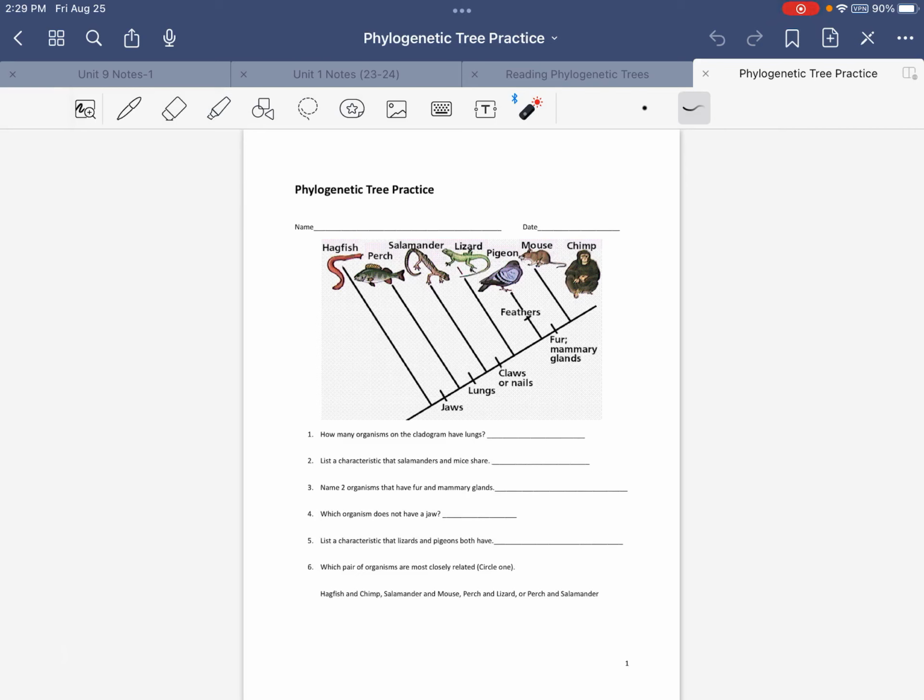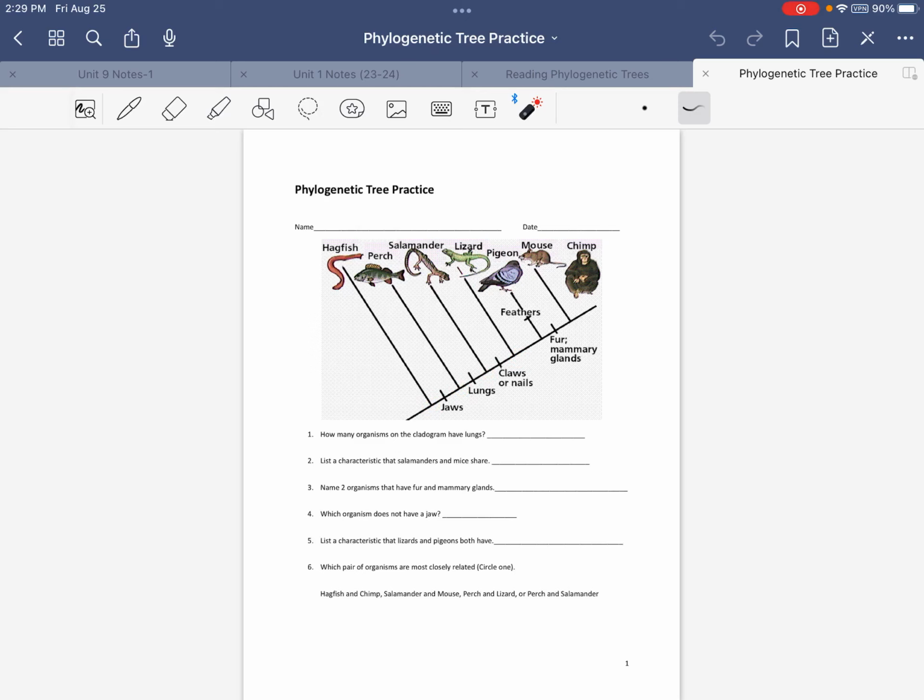One thing I want to point out on this assignment is that it also has traits listed on the tree like this. So we've got jaws, lungs, claws or nails, feathers, and fur. So the thing that you need to know here is that time is moving up like this. Okay, so this common ancestor back here lived a lot longer ago than this one or this one or this one, right?